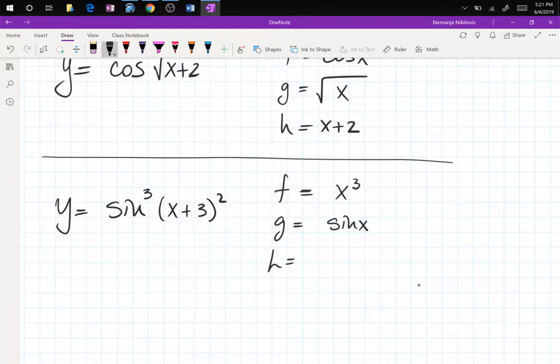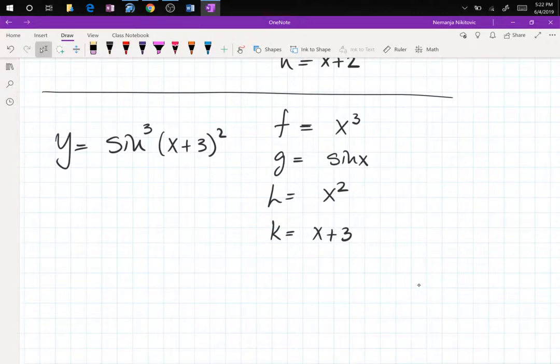And then the one inside is x squared. And then we need to have another function here, maybe function k or whatever, for x plus 3. 4 levels. How does the cube not apply to everything? It applies to everything. It's the first one. It has to be the same order, yes. This is absolutely the order it must be in.